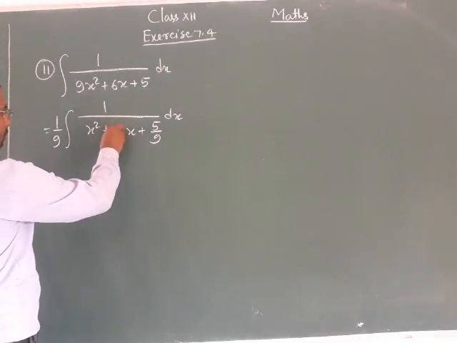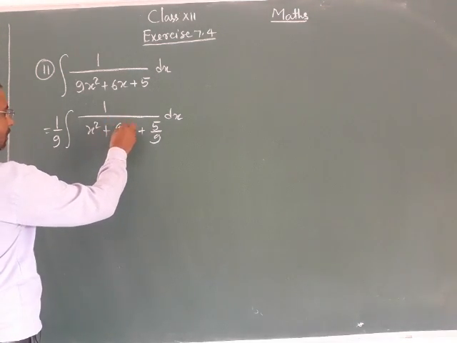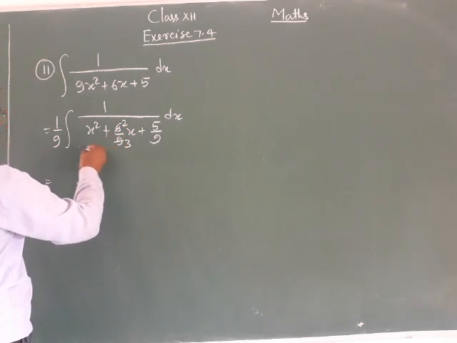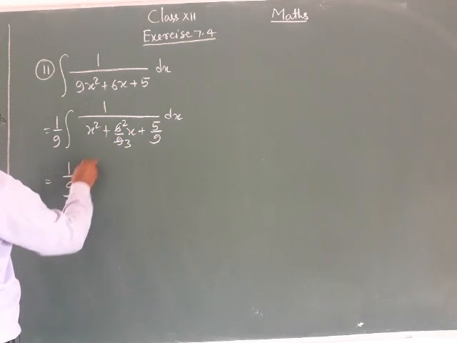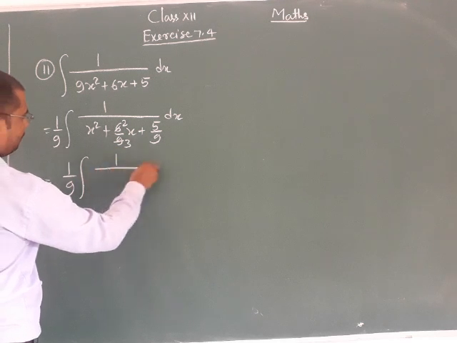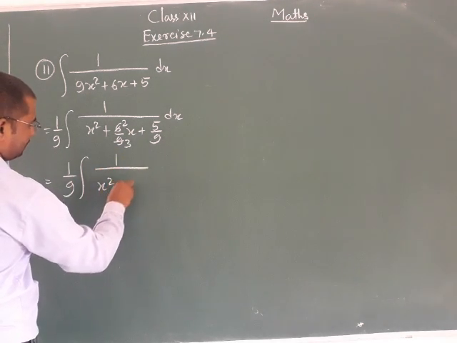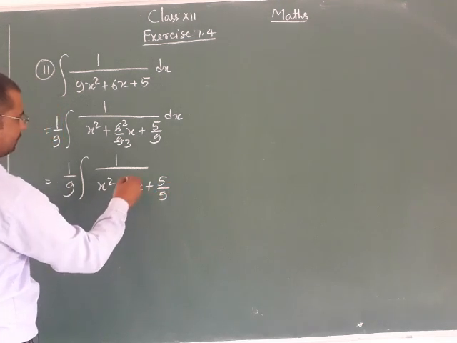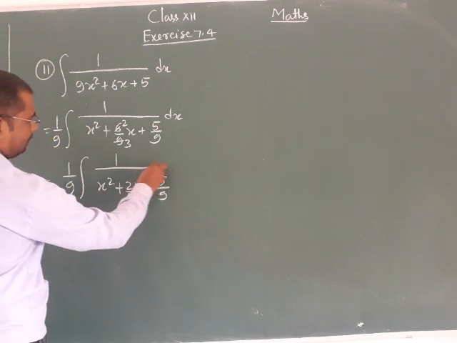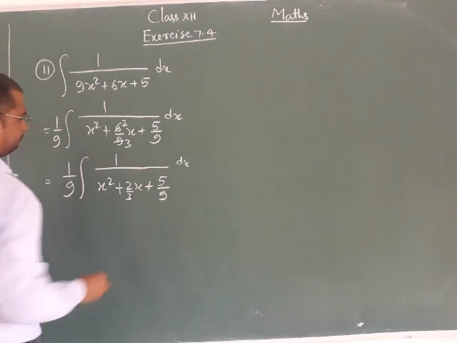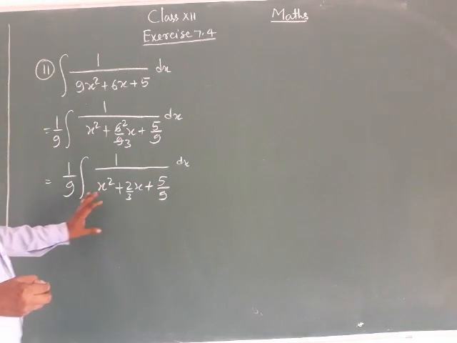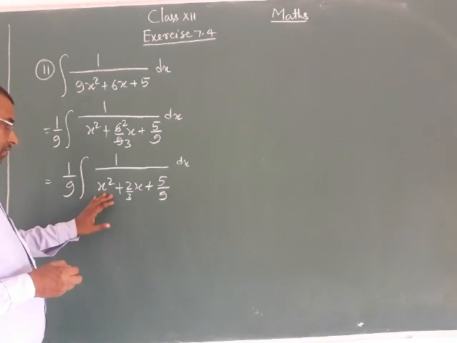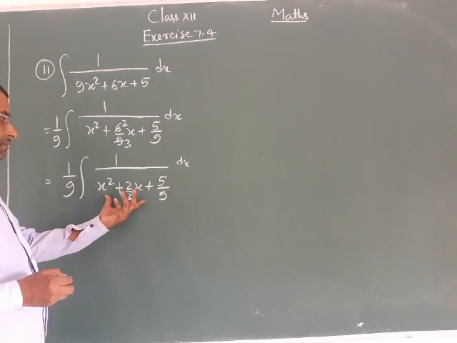So divide by 3, 3 2s are 6, 3 3s are 9. So 1 upon 9, integral of 1 upon x square plus 2x plus 5 upon 9, with 2 upon 3 dx. By the completing square method, you can solve this.